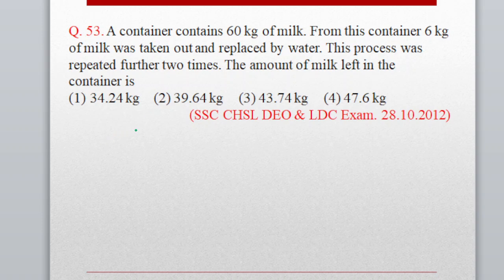So here this process is repeated 3 times, because initially it was once, then after that it is 2 times. That means total 3 times.